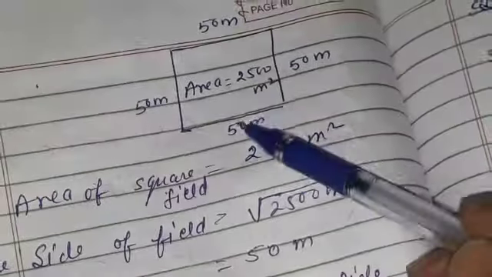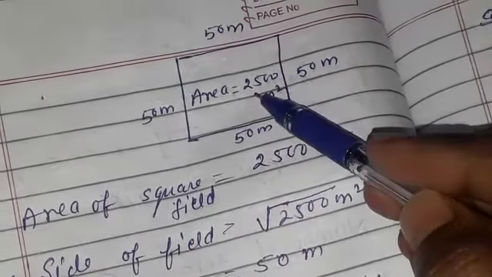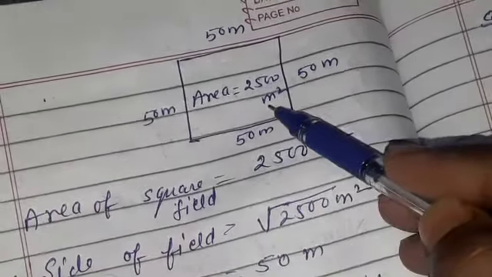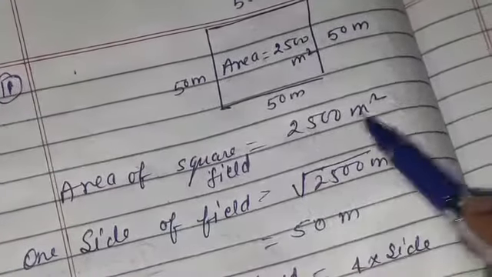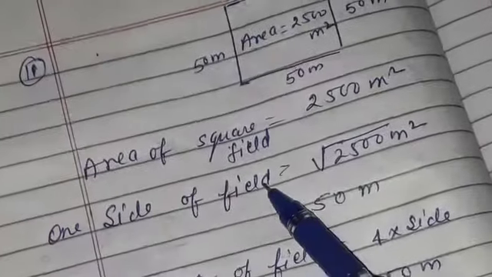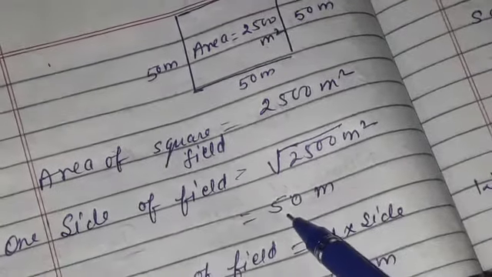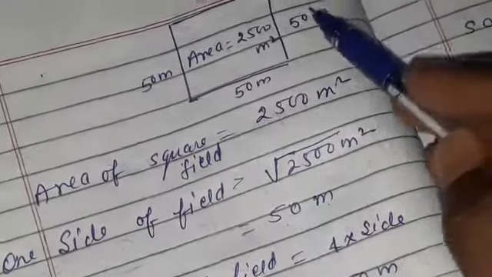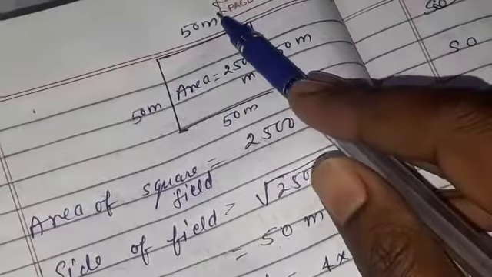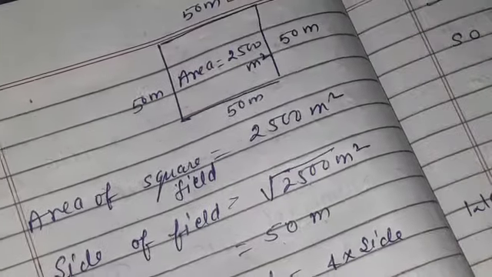First we understand this is a square field and the area of this square field is 2500 meter square. So side of this field is under root of area, the meaning is 50 meter. So by solving this you will get the side of this field. So 50 meter, 50 meter, 50 meter and 50 meter is the side.